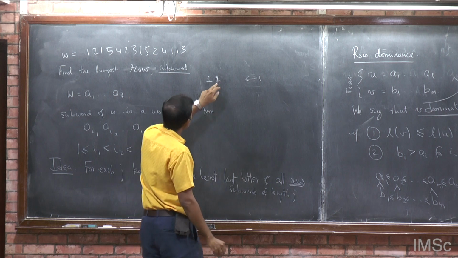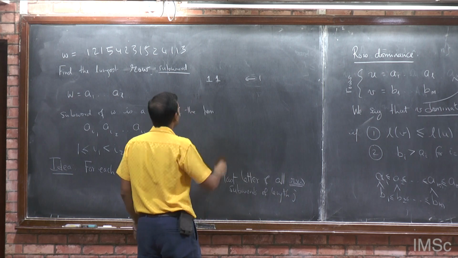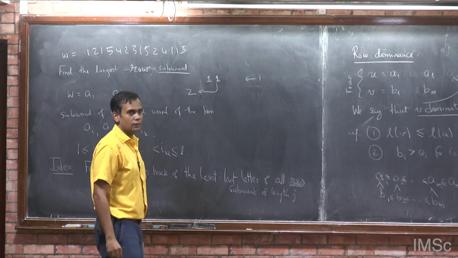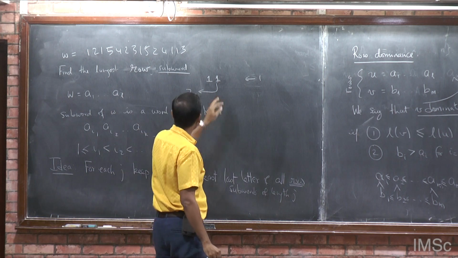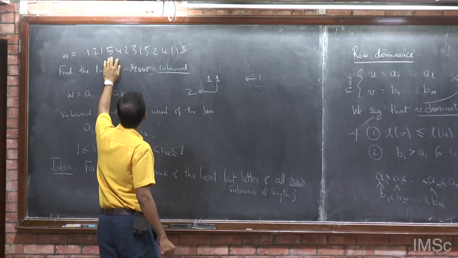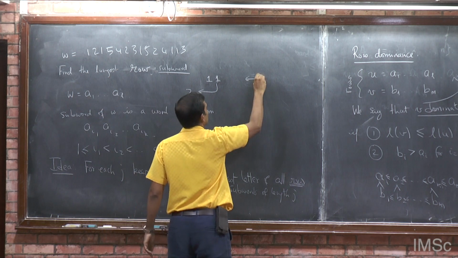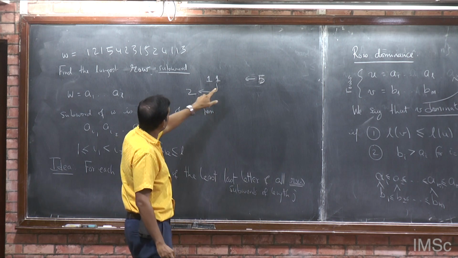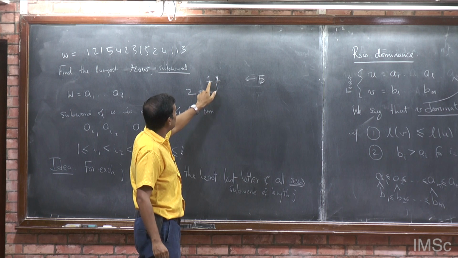And so, there was a 2 here, and to be somewhat dramatic, I will throw out the 2. Just to remember that, I threw out something. Now, what is next? 5. So I have an increasing subword of length 2.